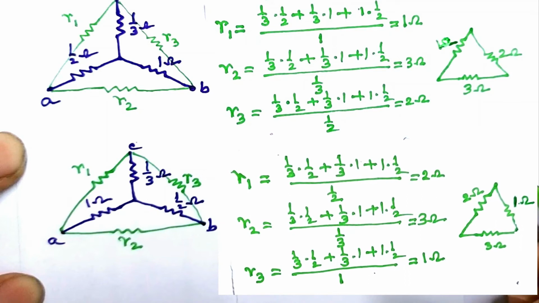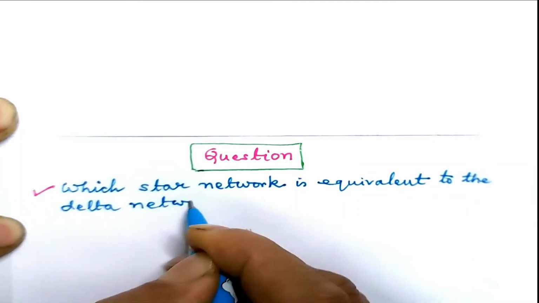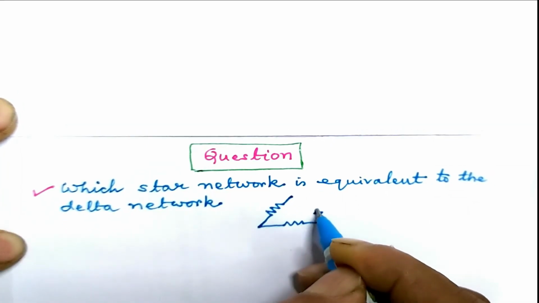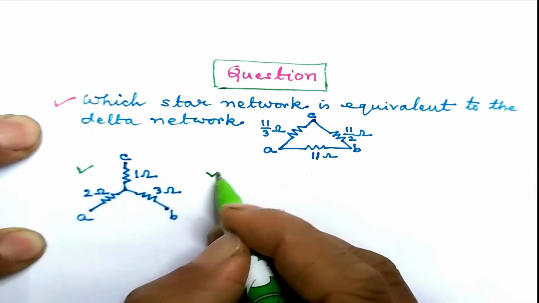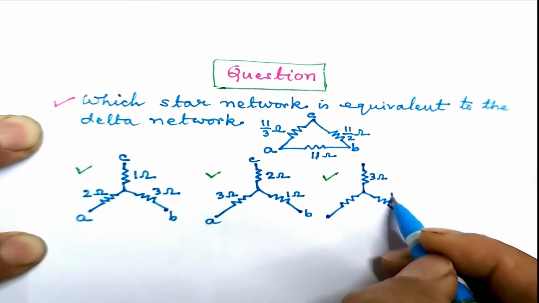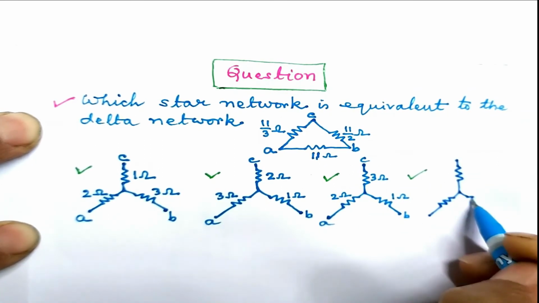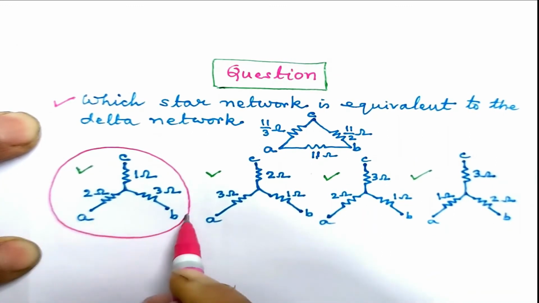Having done the calculations of conversion from star to delta as well as from delta to star networks, let us put the questions in multiple choice types as follows. Question: which star network is equivalent to the delta network? The options are, and this is the correct option we got.